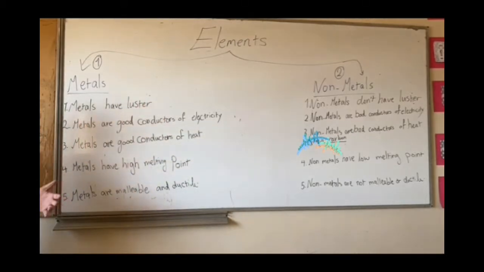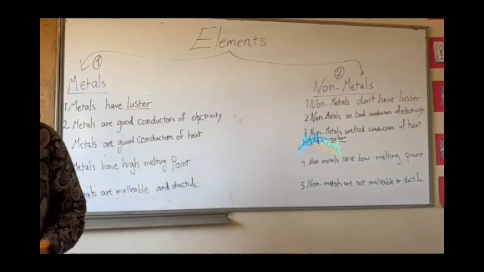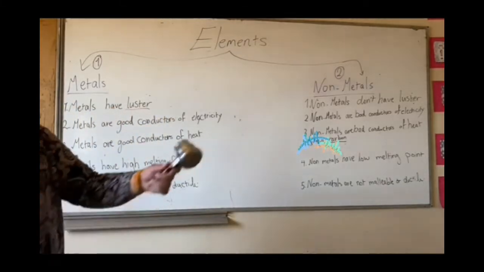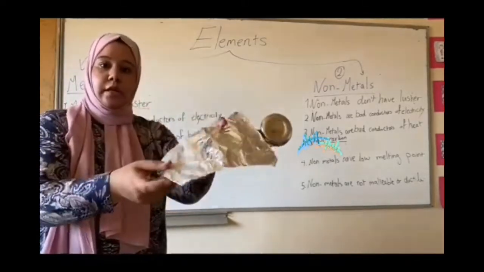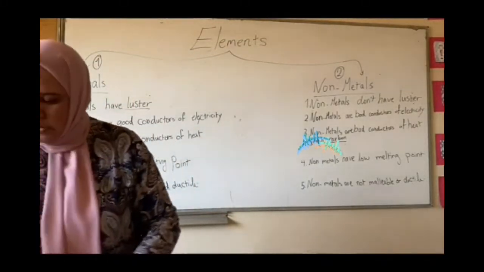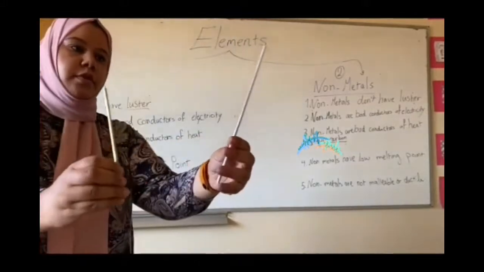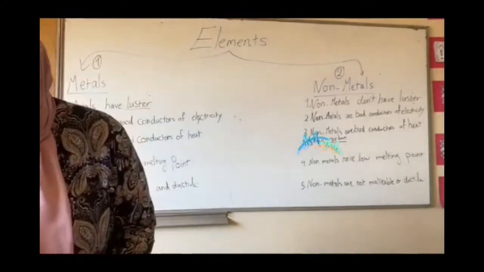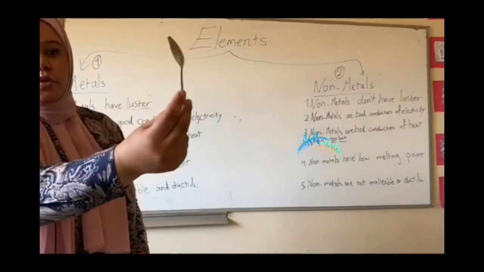What are these properties? Let's start. Number one, luster. Metals have luster. Luster means shiny, like this cooking pot, this aluminum foil, this rod made of copper, this one made of iron, and this spoon.